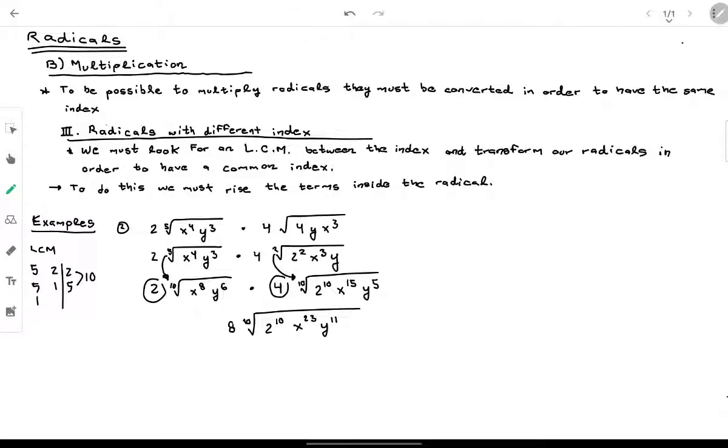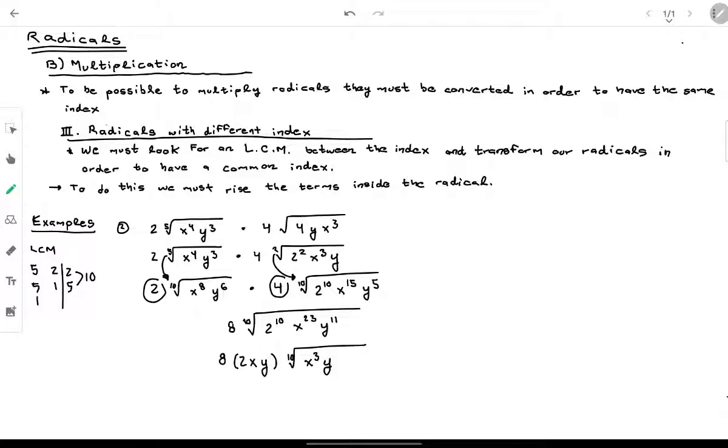Now we can take out whatever is possible. So we can take out, in this case, a 2, an x, and a y. And in the inside part, I will still have x to the 3 and y. Why? Because 23 divided by 10 is not an exact division.